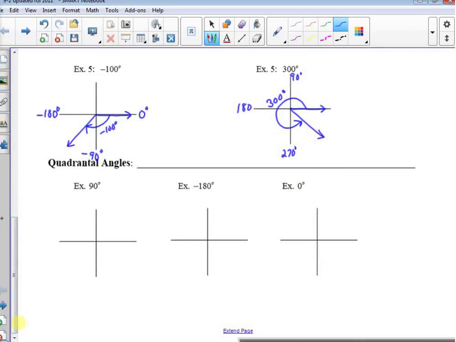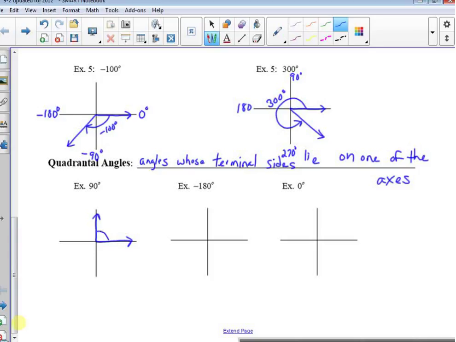Quadrantal angles are angles whose terminal sides lie on one of the axes. The terminal side is where it ends. So for 90 degrees, these are quadrantals because it's on the positive side of the y-axis.